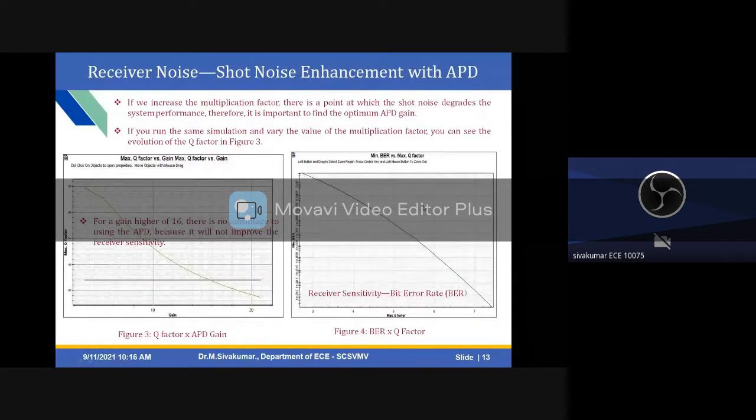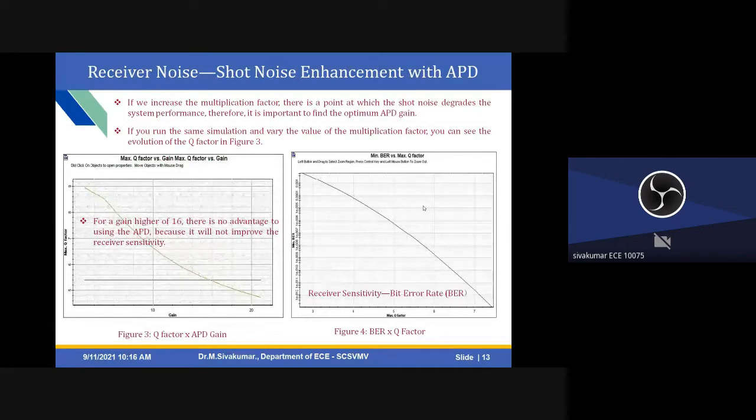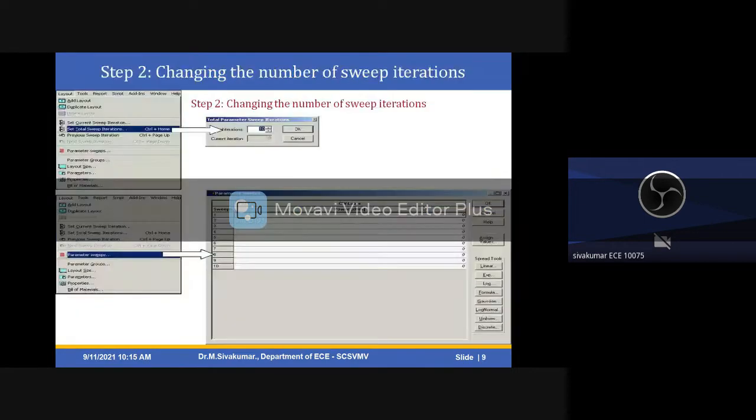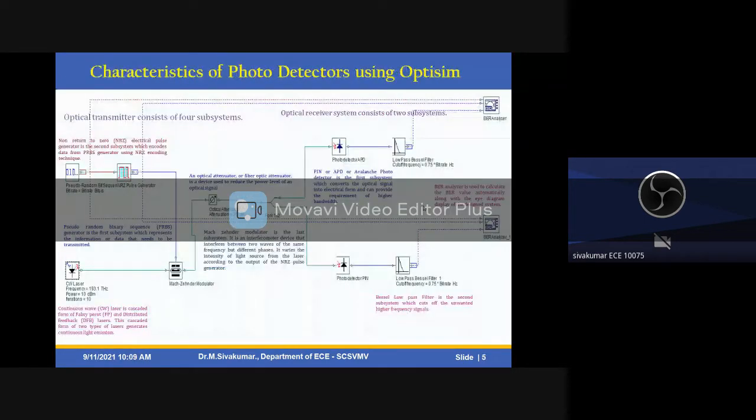Also, by the use of another layout here in the OptiSystem main window, having three sections. First one is the layout section, and next one is the, third one is the script section.